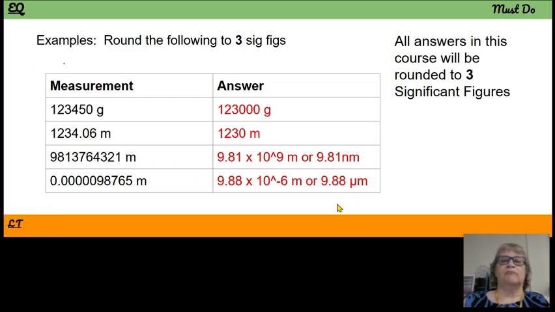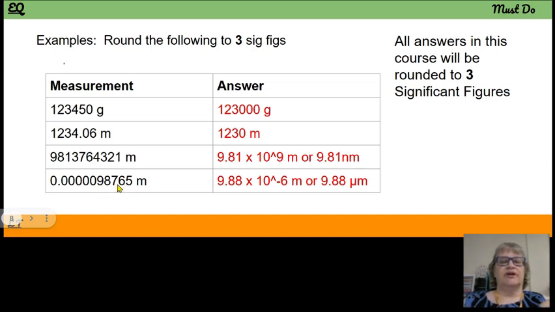And then the same thing with ones that are on the right-hand side. Find the first significant number. In this case, the 9 is the first significant number. Remember, all these zeros, they don't mean anything, but they're important. So 98765. So 1, 2, 3.